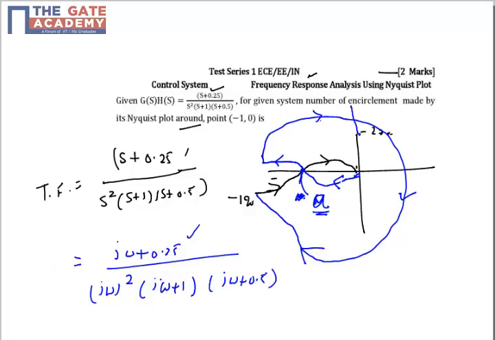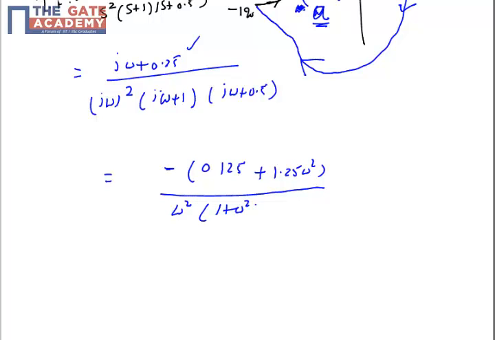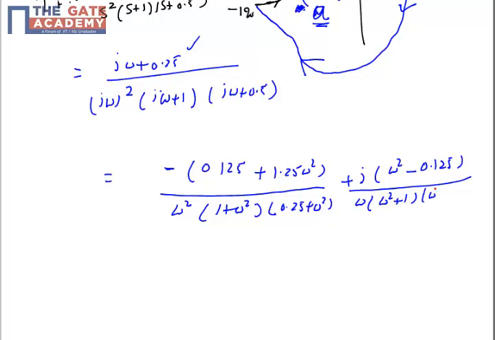Rationalize the transfer function by multiplying with the conjugate, and you will get the transfer function as minus of (0.125 + 1.25 omega square) upon omega square (1 + omega square)(0.25 + omega square), plus j times (omega square - 0.125) upon omega (omega square + 1)(omega square + 0.25). It's a simple rationalization.